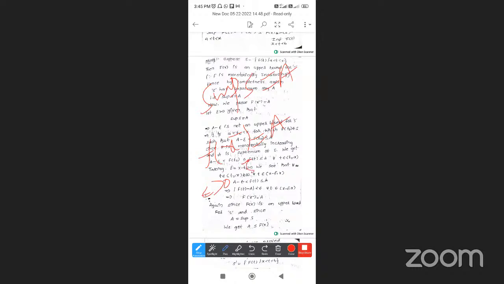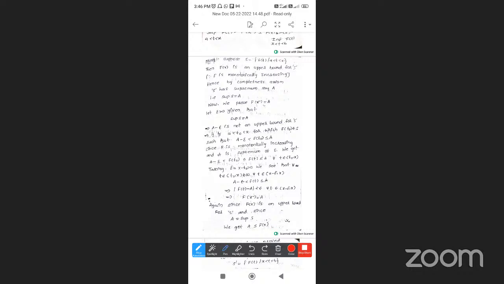Since A is the supremum of S, A minus epsilon is not an upper bound for S. So there exists t naught, with a less than t naught less than x, such that A minus epsilon is less than f of t naught, which is less than or equal to A. Since f is monotonically increasing and A is the supremum of S, we get A minus epsilon less than f of t naught, less than or equal to f of t, less than or equal to A, for all t in (t naught, x).